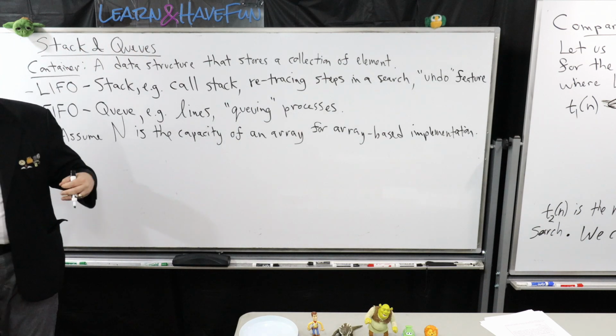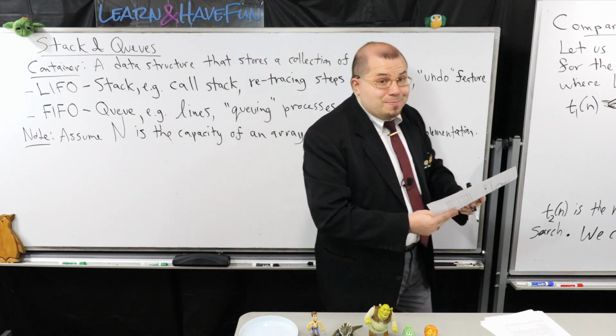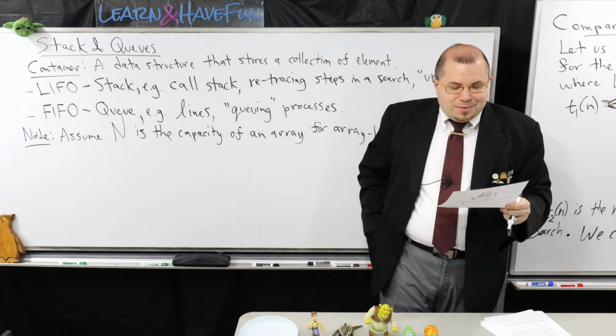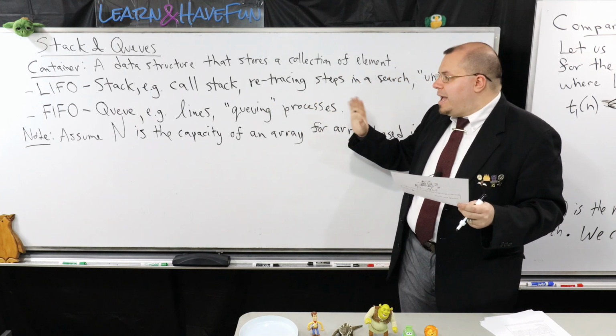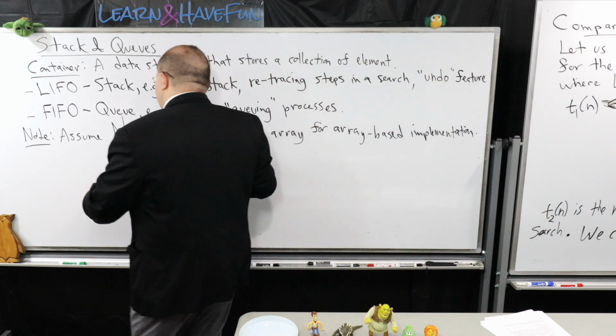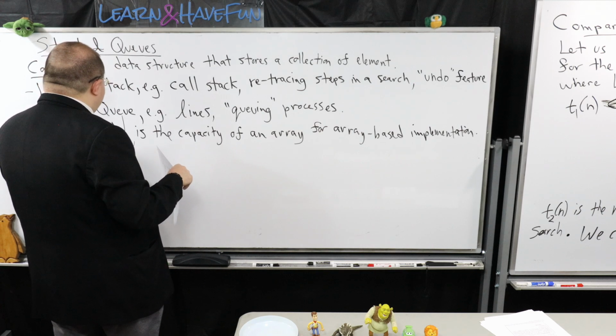So sometimes when you pick capital N, it actually has some practical consequences for how you pick it. For the sake of our discussions here, I'll assume that this capital N is large enough. I'll talk more about it when we start talking about the time complexities.